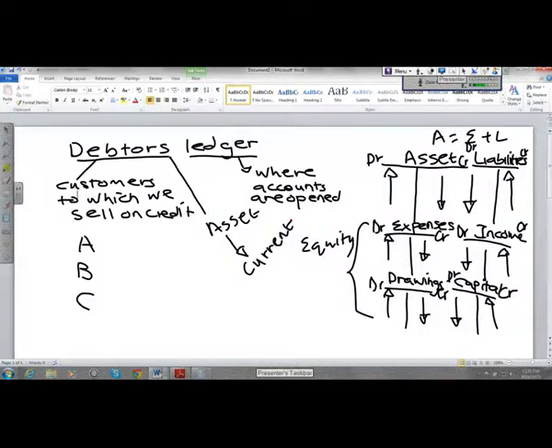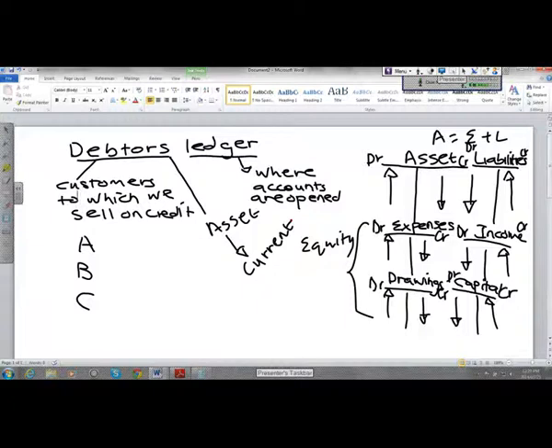But we say it's a current asset because it is payable within a period of less than 12 months. If you have a customer, you don't wait for the whole year for them to settle their accounts with you. You'll usually give them 30 days or 60 days, but usually not more than that. So that's why we say it's current, because it will be settled within less than 12 months.